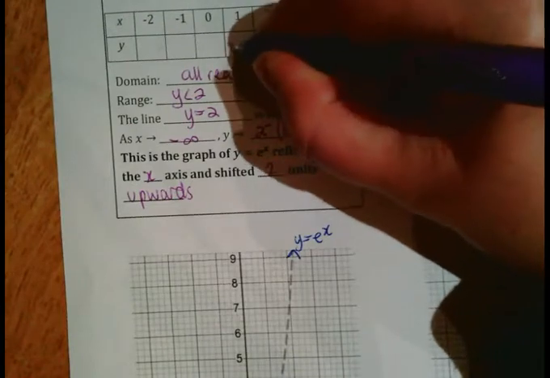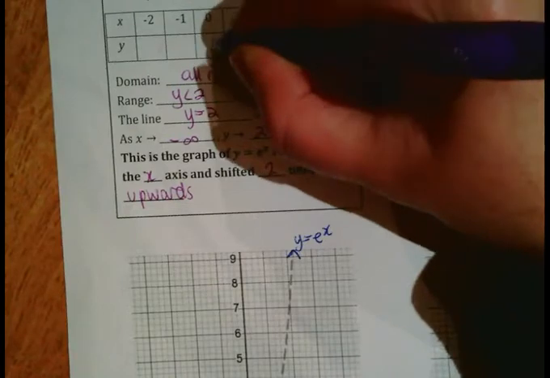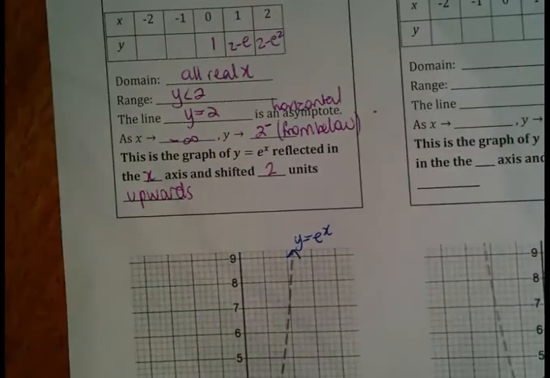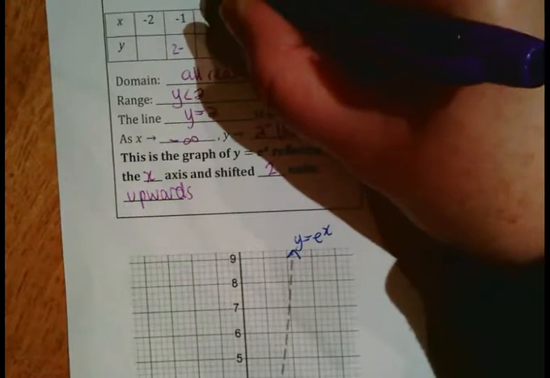Okay, and you can just do your values. This would be 2 minus e squared. That would be 2 minus e. That's 2 minus e to the 0, which is 1. So it's 2 minus 1, which is 1. Now we've got 2 minus e to the negative 1, which is 1 on e. So it's 2 minus 1 on e.